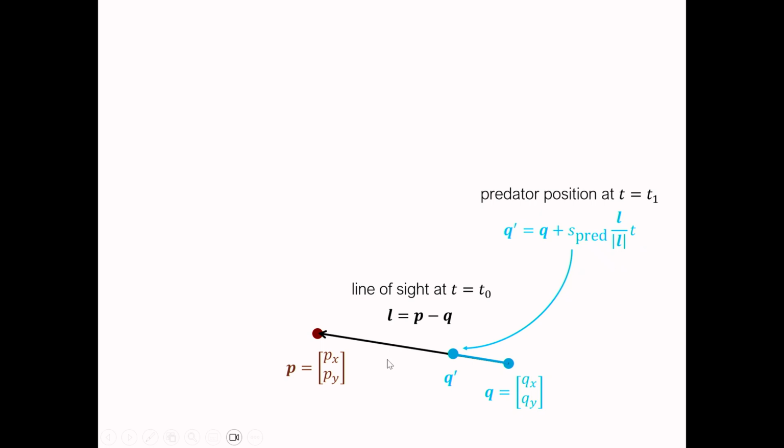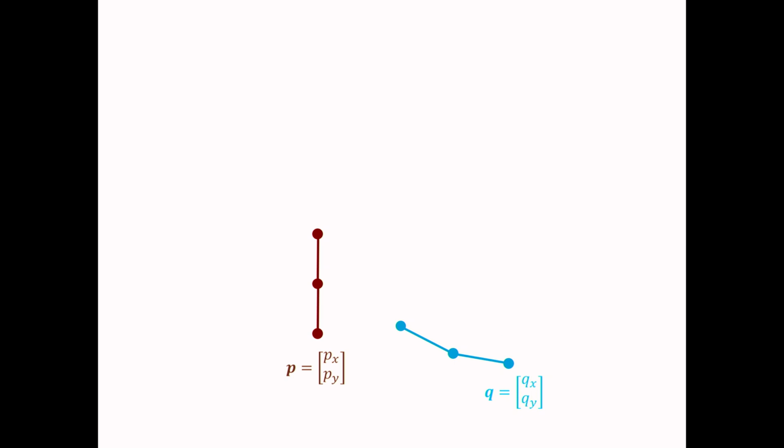So compute the unit vector corresponding to L. That's just L divided by its own length, the normalized version of L, and that's it. Away you go. And so that will eventually produce the motion here.